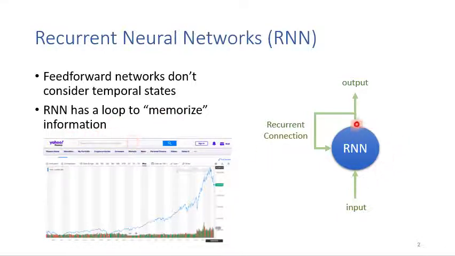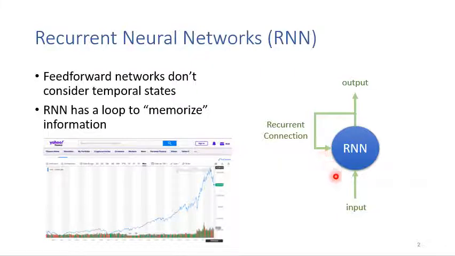Okay, here's the picture of RNN. So RNN has a loop, recurrent connection, which resends the output back to itself. And the RNN has a memory to remember the previous output.